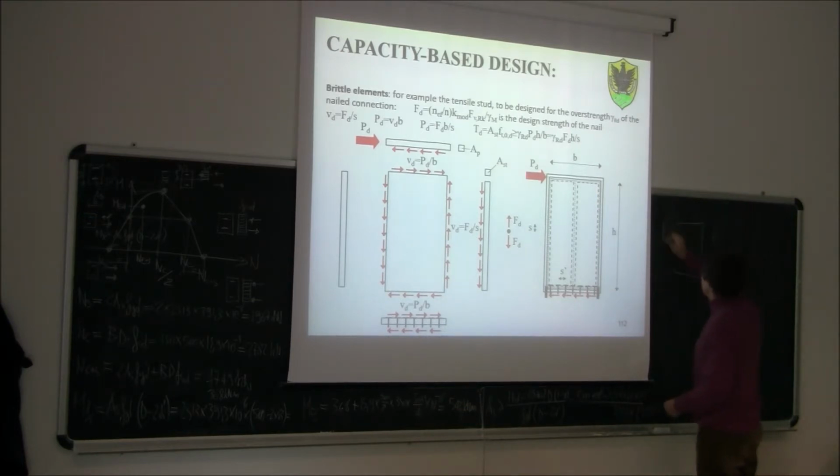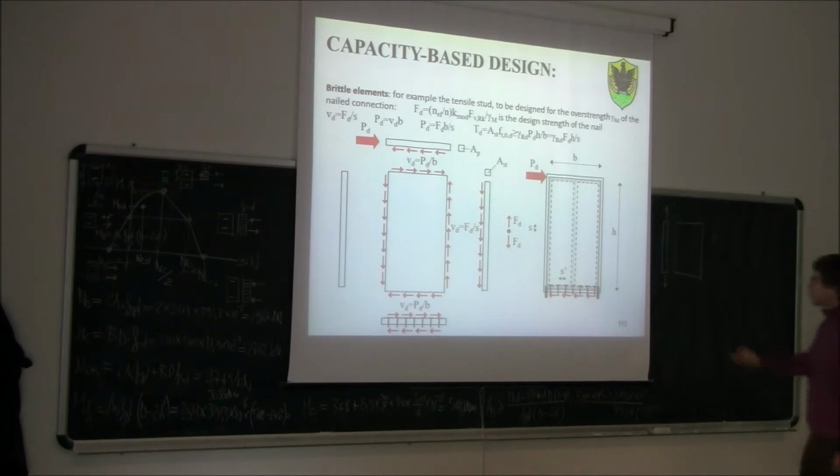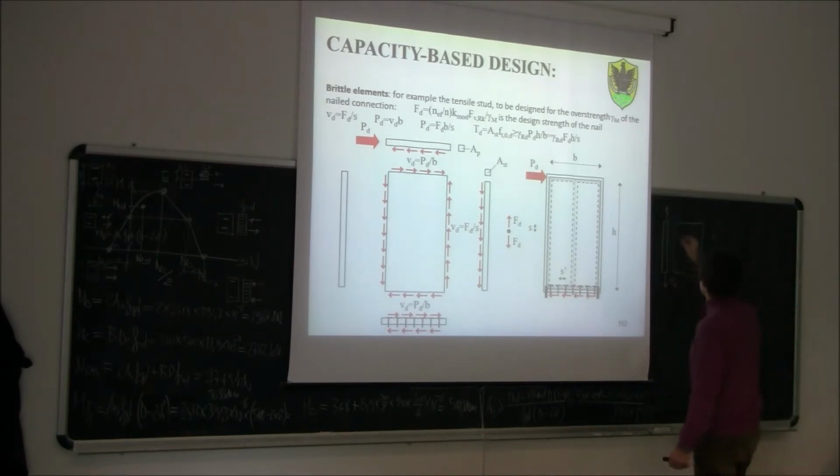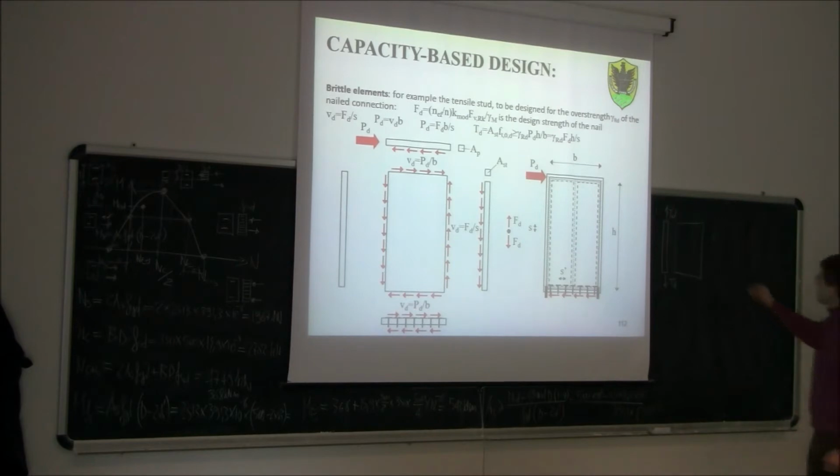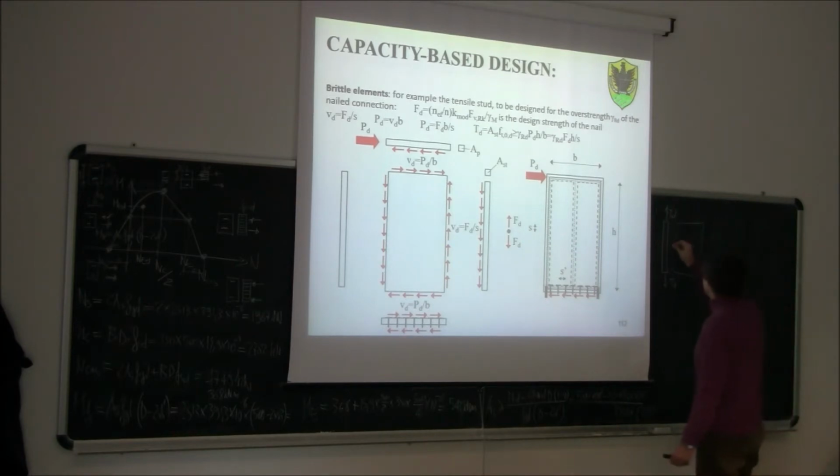We want to design in tension this member. So we call TD the axial tensile force of this member, and we have to start from basically the shear force acting on a single nail. So the resistance of a single nail is given by Fd.